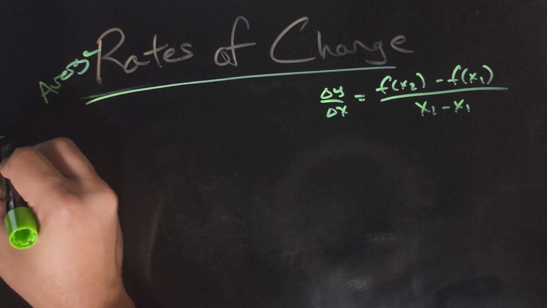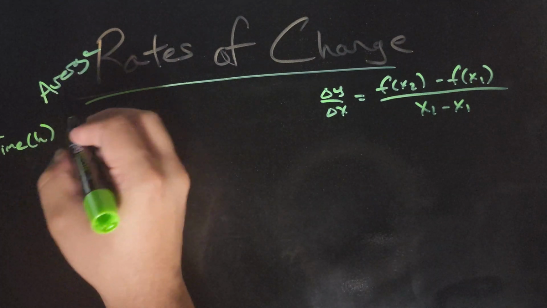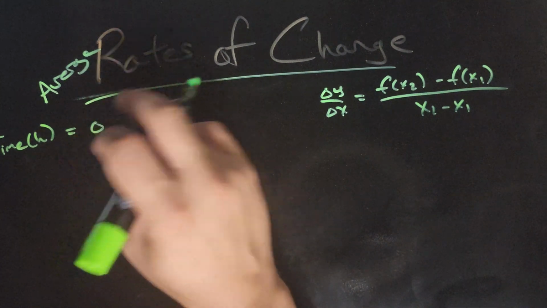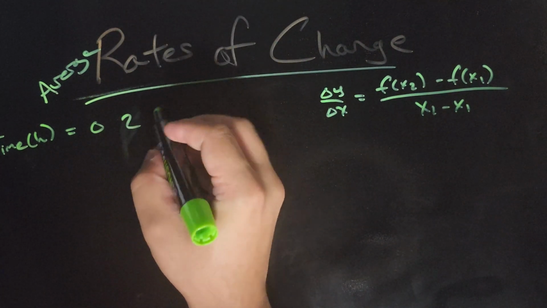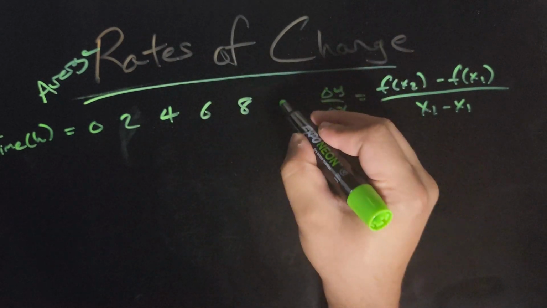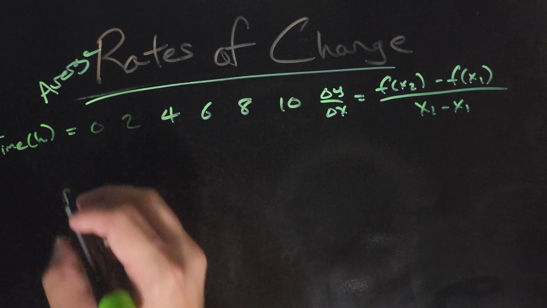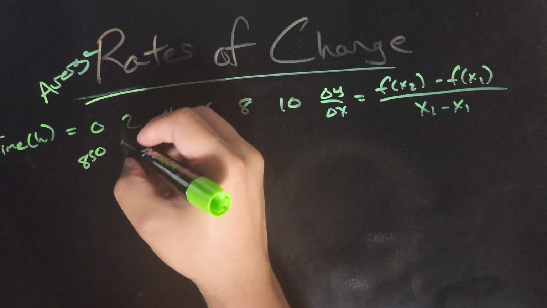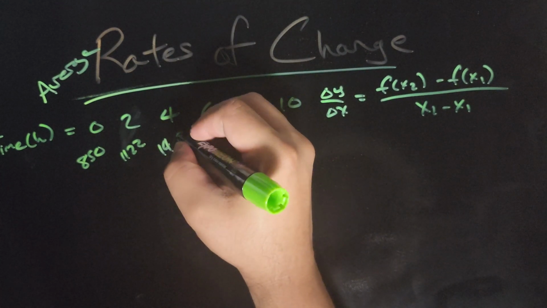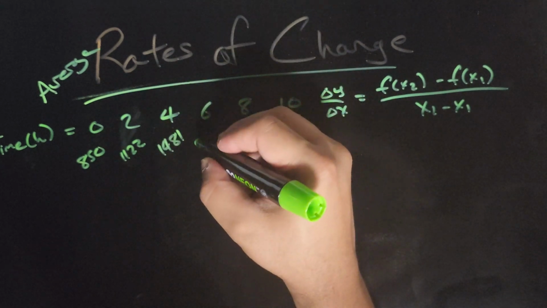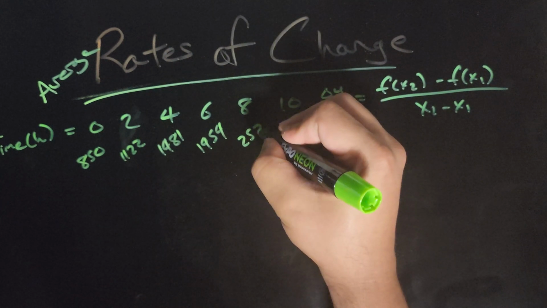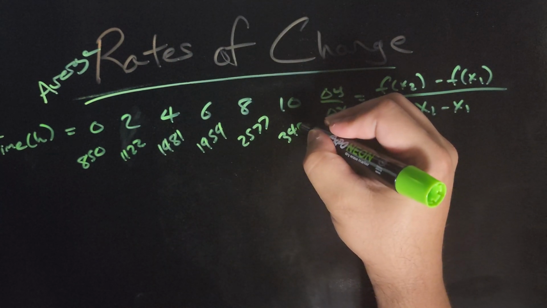So our time in hours, let's say we have 0, 2, 4, 6, 8, 10, and then we have 850, 1122, 1481, 1954, 2577, 3400.